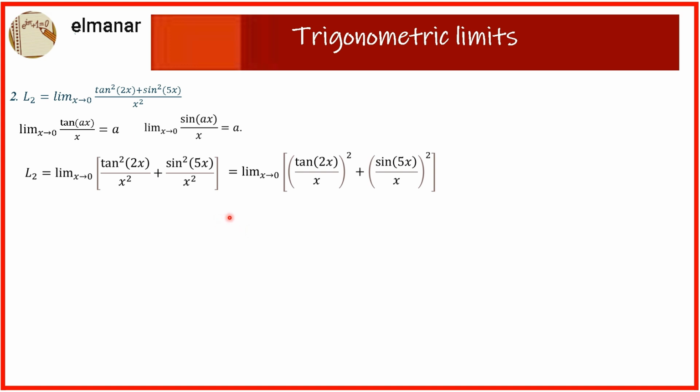Applying the remarkable limits, tangent of 2x over x tends to 2, and sine of 5x over x tends to 5. Therefore, L2 equals 2 squared plus 5 squared, that is, 4 plus 25, which makes 29.